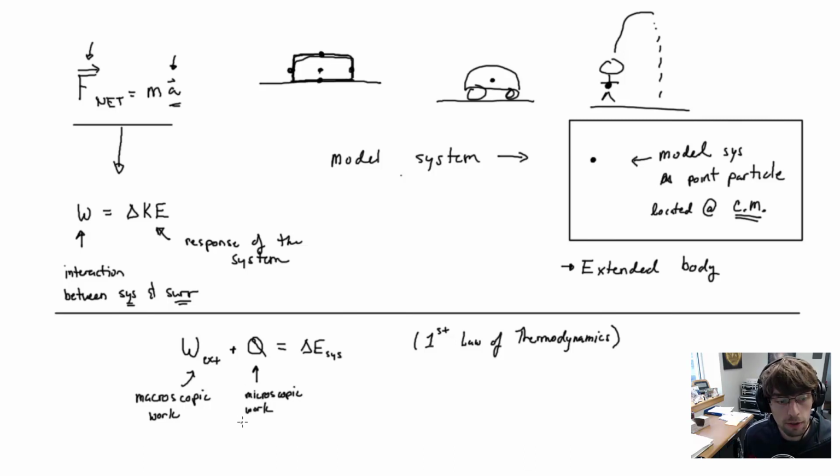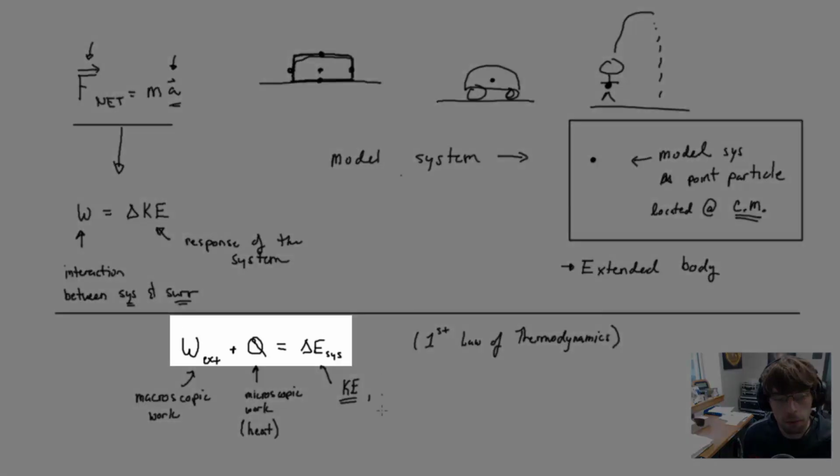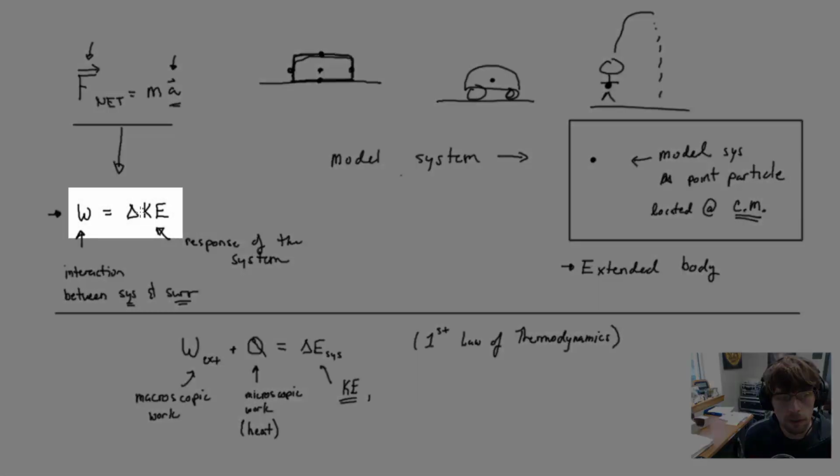Generally, this is not usually referred to as microscopic work, but usually it's referred to as heat. So heat is an energy transfer process. And here, again, the energy of the system. So far, we've just been given the kinetic energy, but we'll soon see that there are other forms of energy aside from the kinetic energy. So this is the full-blown idea. Right now, we're just on this piece.